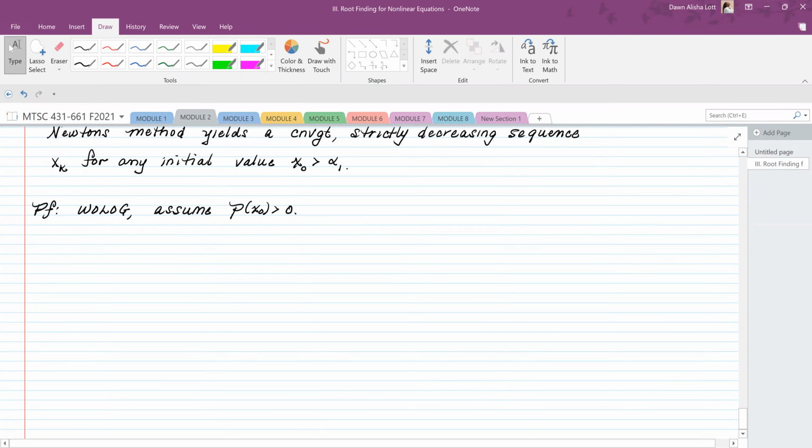Okay, so since P of X does not change sign for any X bigger than the first root.